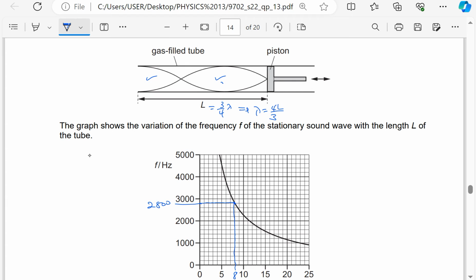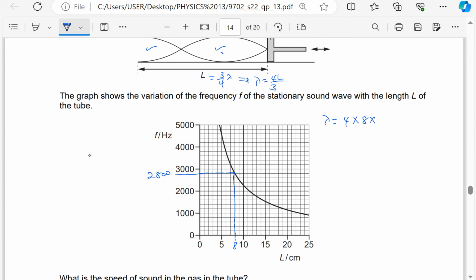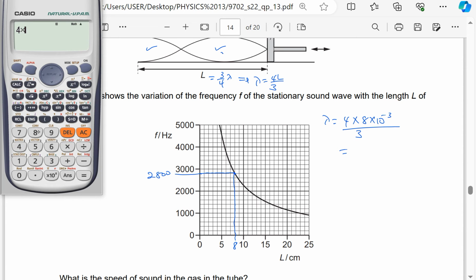So what is the wavelength? The wavelength is going to be 4 times 8 centimeters, so it is 4 times 8 times 10 to the power of minus 3 divided by 3. Okay, so that is going to be the wavelength.